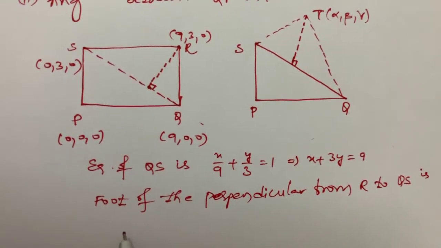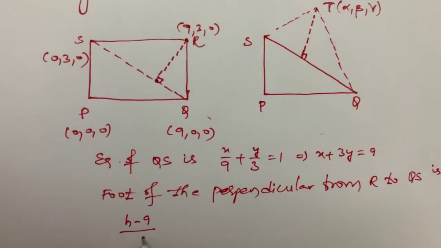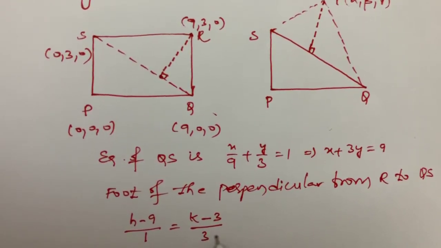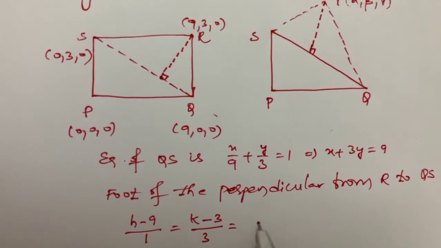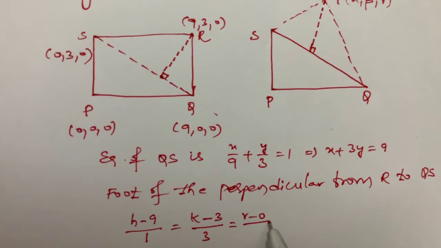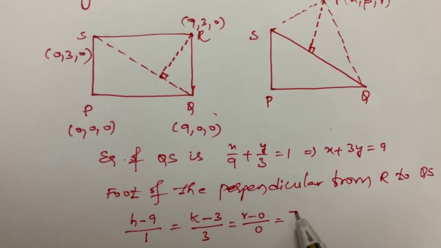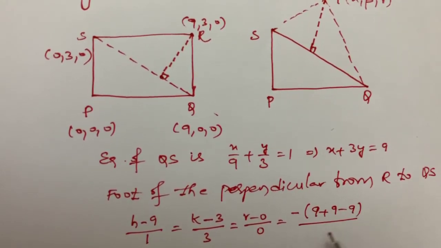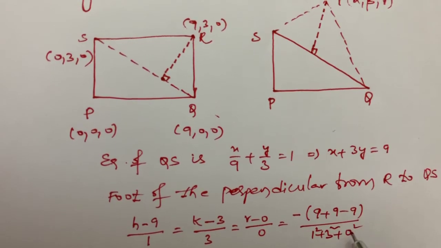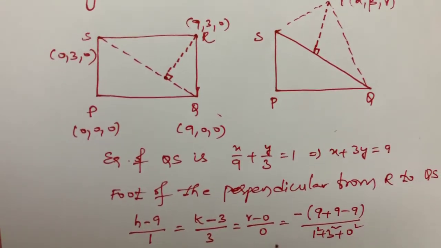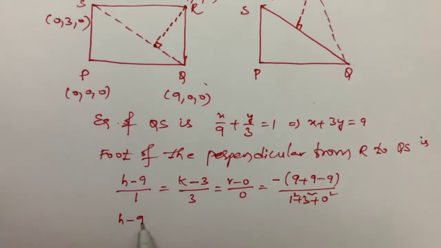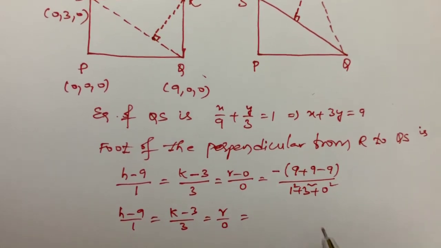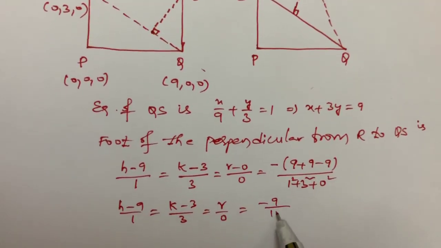It is (h minus 9) by 1 is equal to (k minus 3) by 3 is equal to (r minus 0) by 0 is equal to minus of (9 plus 9 minus 9) by (1 plus 3 square plus 0 square), because z is not there, so 0 into z. This is minus 9 by 10.